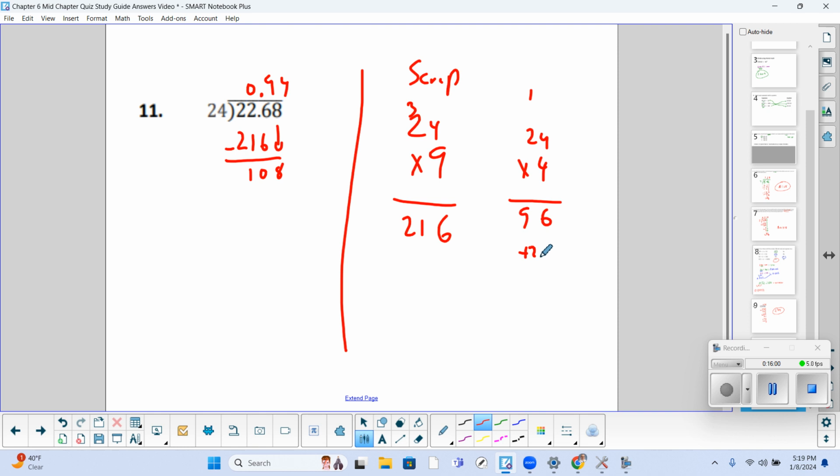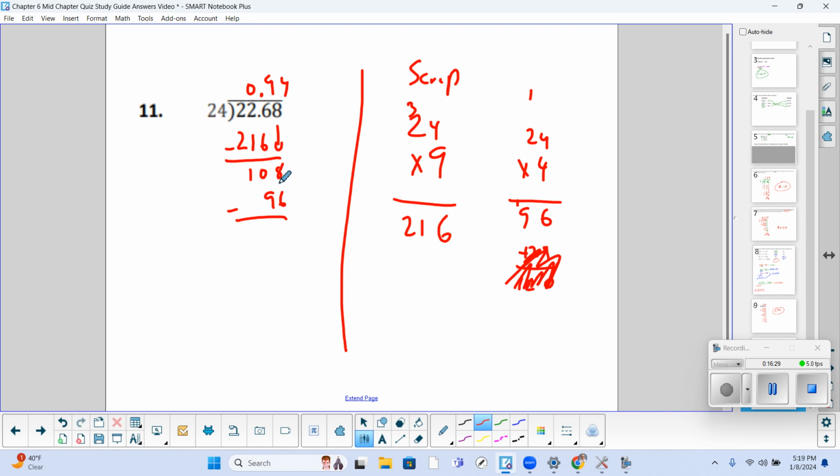If I added another 24 to that, 6 plus 4 is 10, 1 plus 9 is 10, plus 2 is 12. 120 is too much, right? So it's not 5 times, it's 4 times. So 4 times 24 is 96. If I went too fast, go back and look there. I'm basically deciding why 5 times 24 is too much.